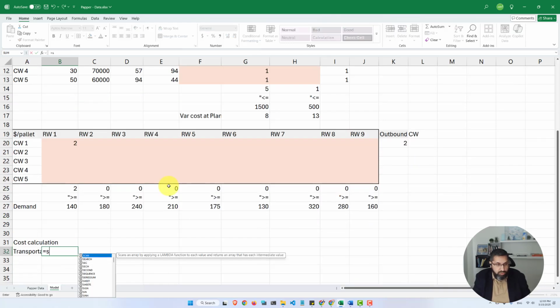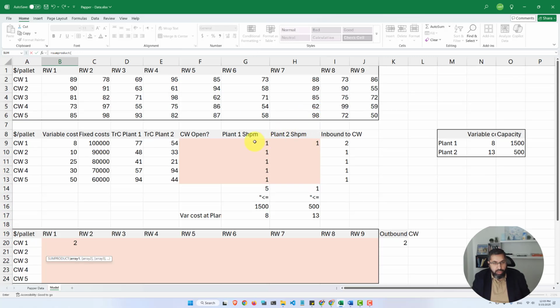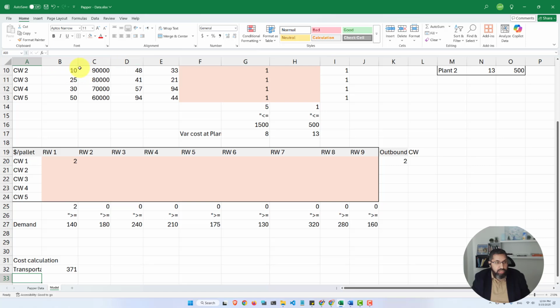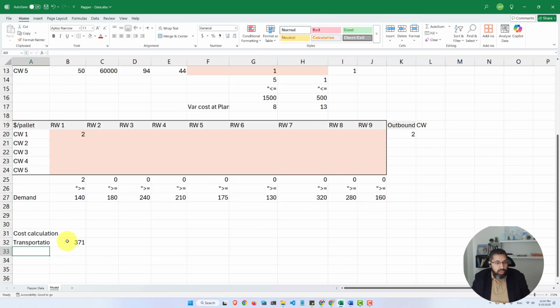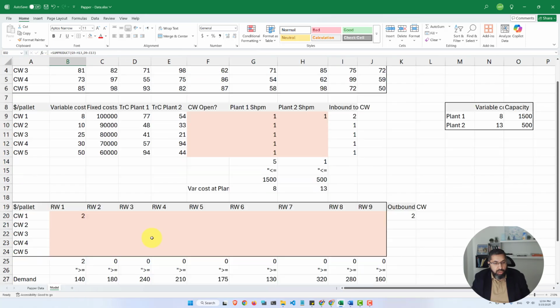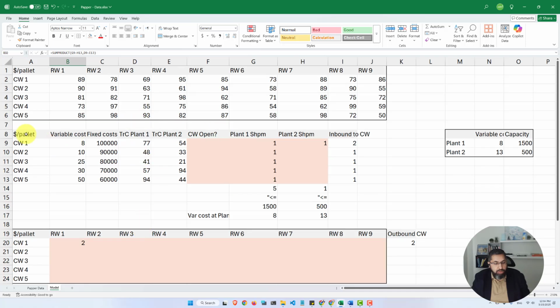So if we do a sumproduct of these cells with these numbers here. So 77 multiplies the 1, the 48 multiplies this one, and then all those terms are added up. That's what sumproduct does. Okay, and that's going to give us the transportation cost, which is inbound to the central warehouse.